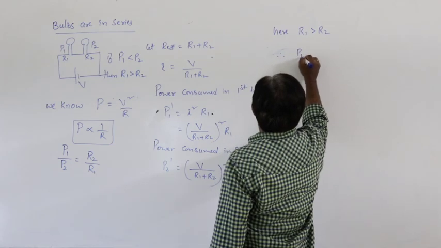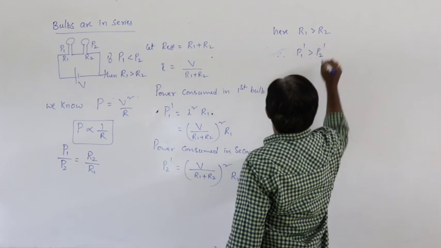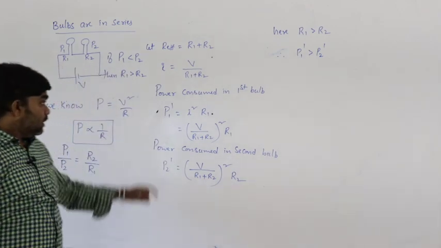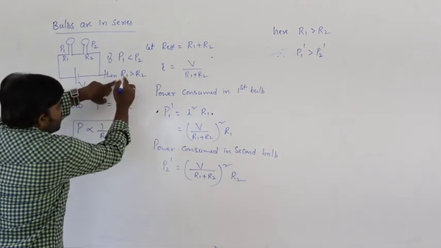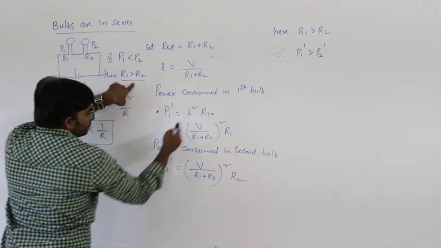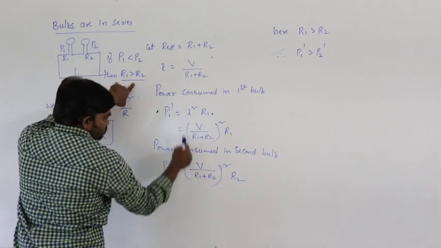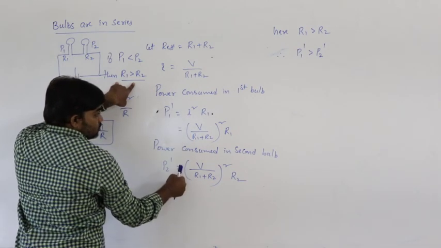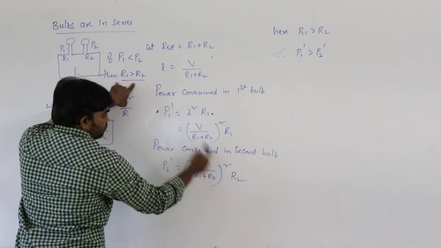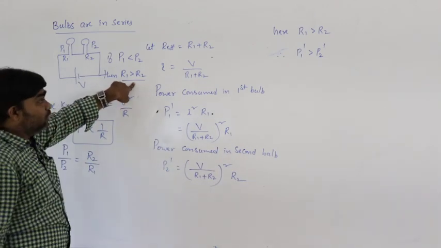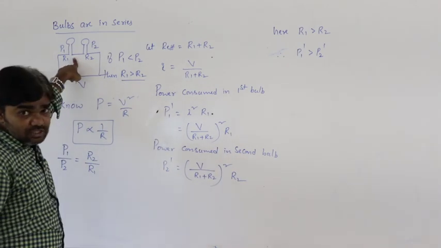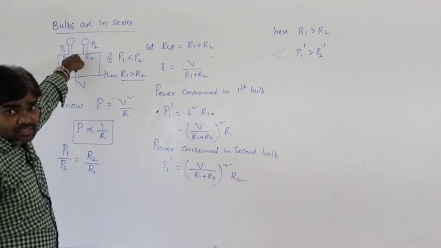Therefore P1 dash must be greater than P2 dash. The power consumed in the first bulb is greater than the power consumed in the second bulb.